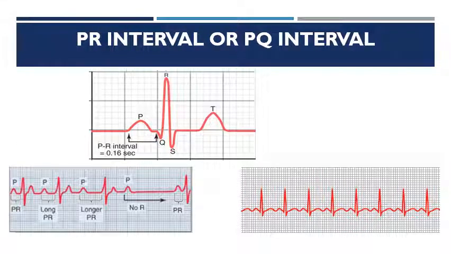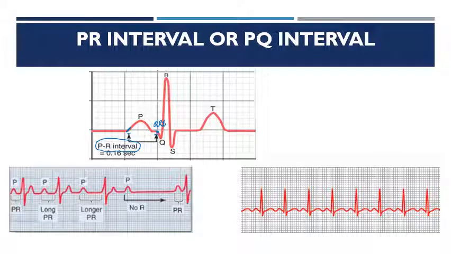So the first one is the PR interval. As this interval shows, it indicates the time between the start of P wave to the start of QRS complex or Q wave.